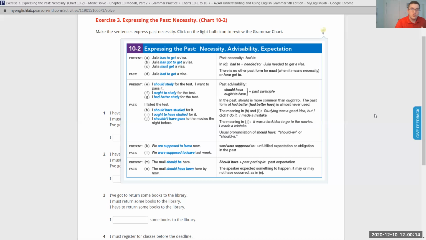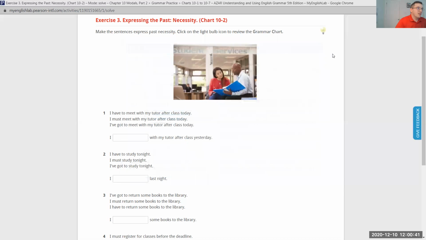We use should have with the past participle. So the speaker expected something to happen, but it may or may not have occurred. Probably not. The mail should have been here by now. It's not here. I expected the mail to be here by now. It should have been here by now, but it's late. For some reason, it's not here.